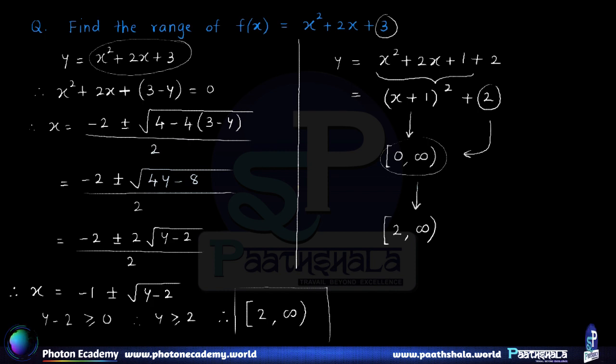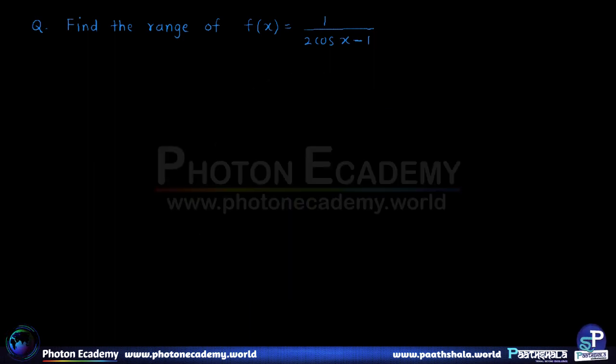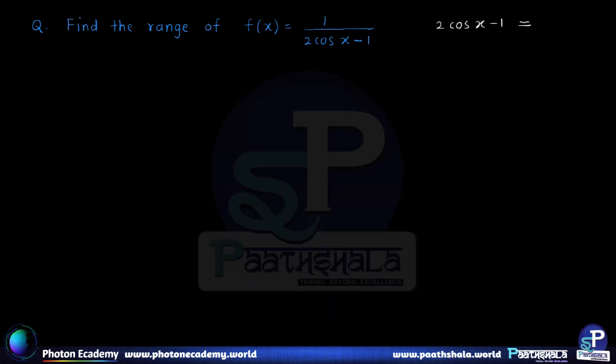Now let's see another question. Here we have to find the range of the function given by 1 upon 2 cos x minus 1, right? Now the moment we see a denominator, we should keep in mind that the value of the denominator must not be equal to 0.